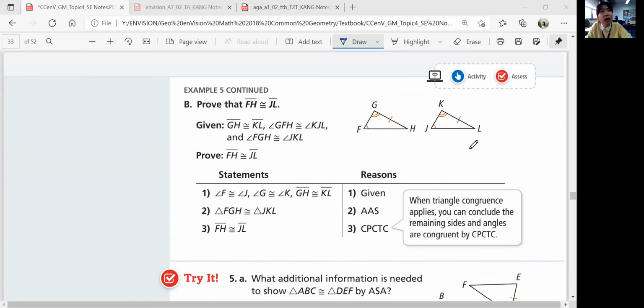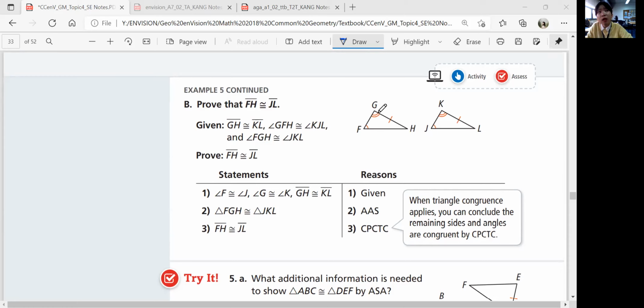And proving that a part is equal to another corresponding part, you first usually have to prove that the two triangles are congruent, and then use the CPCTC to prove that the parts of the triangles are congruent. So look at this example. This is a short proof and short example of how you can prove that the sides FH and JL are congruent.